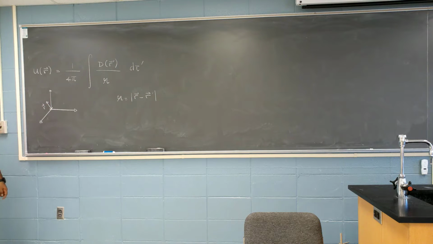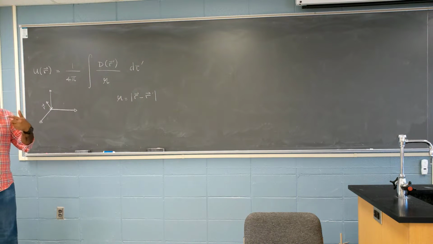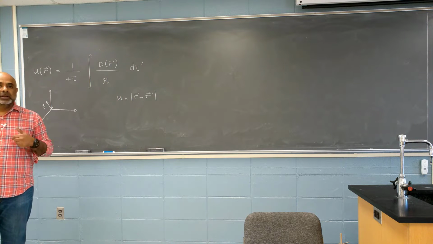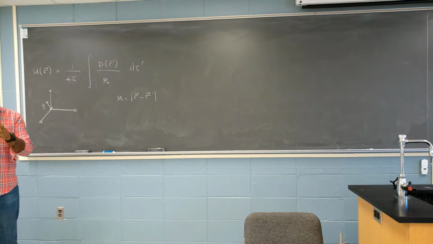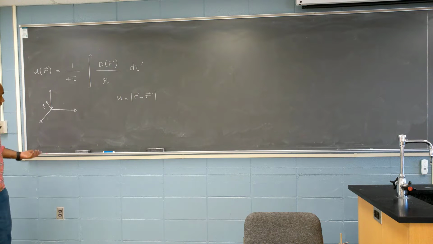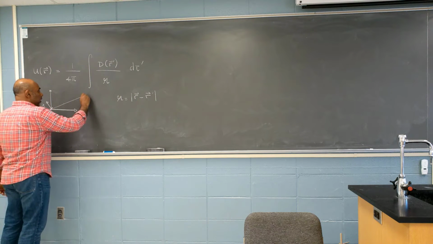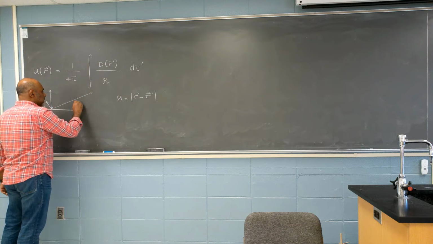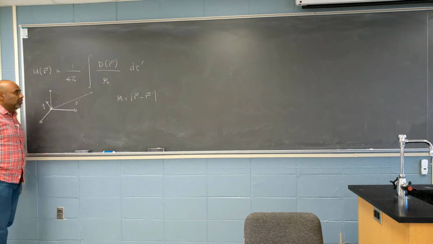I have to integrate over all r prime, and I worry about this when r prime becomes very large. I want to avoid infinities. So I'm drawing a diagram very different from the diagrams you've seen before, where the sources exist only in certain small regions. But here, it could be anywhere. So let's say this is r prime.